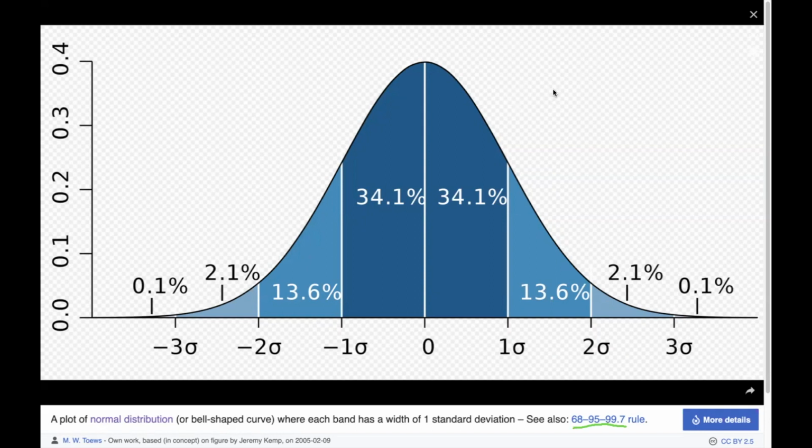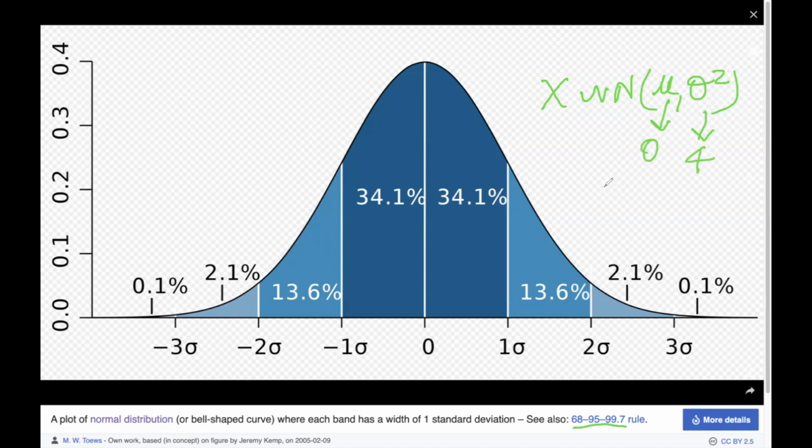Let's assume somebody gives me a random variable x which is distributed normally, or follows a Gaussian distribution. Let's assume I am given the mean mu and sigma square, which is the variance. Let's say mu is 0 and sigma square is 4.